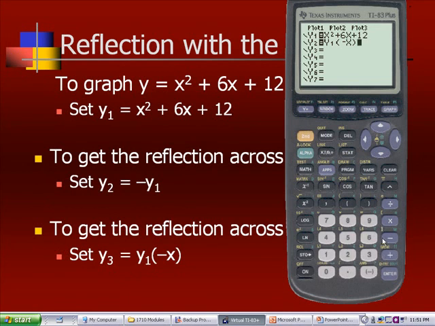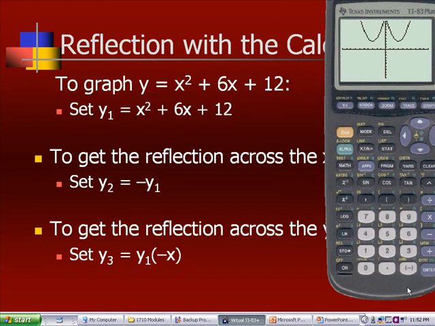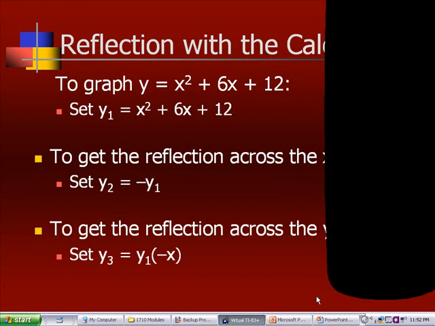That way, in y1, everywhere you had an x, it will plug in negative x. So there's the first equation, and there's the second equation, which is just like it, but on the other side of the y-axis.